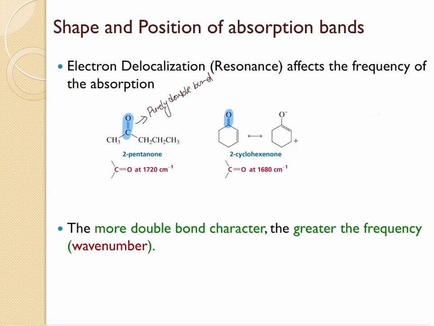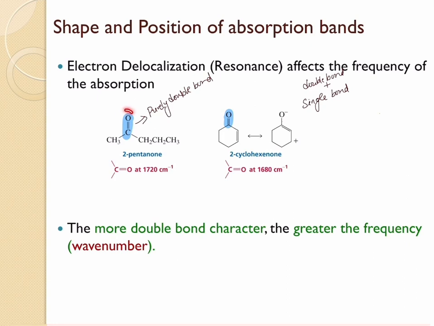Now you can see in this resonance contributor there is a carbon-oxygen single bond. On the whole, what we can say is this carbon-oxygen bond is not going to be purely double bond. Instead, it's going to be a mixture of double and single bond. So we should say that there is at least some single bond character, right? So we have talked earlier that the bond order is going to affect the frequency of these stretching vibrations. So greater the bond order, greater would be the stretching frequency.